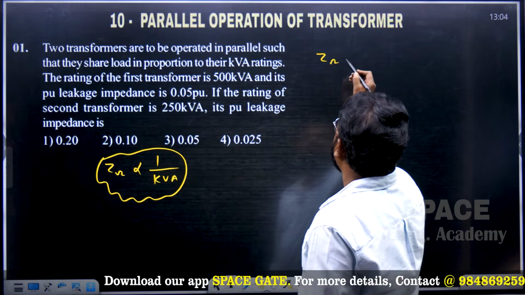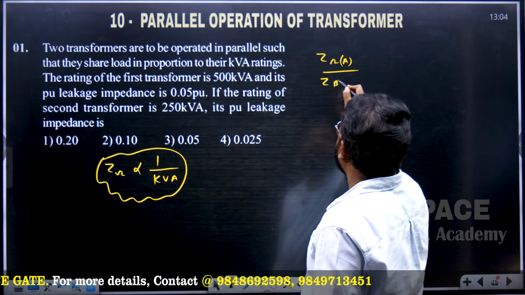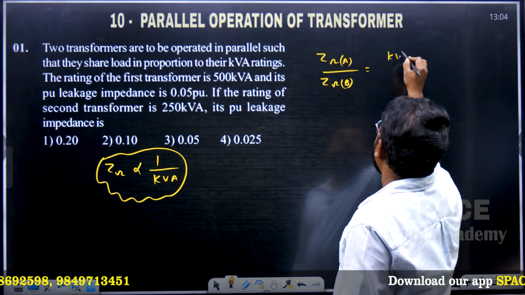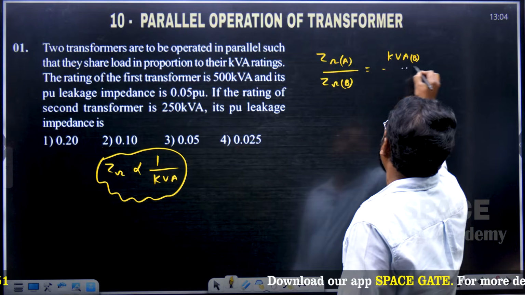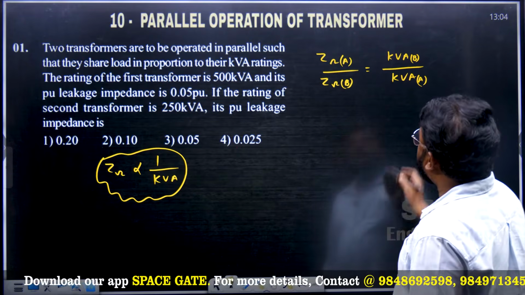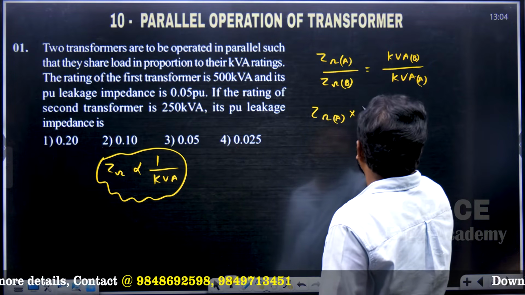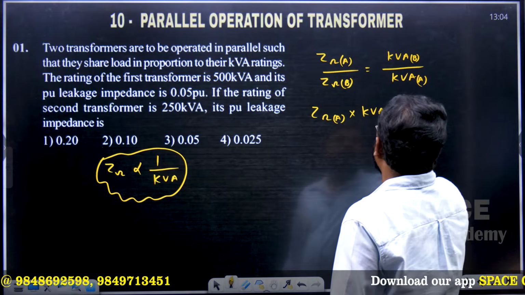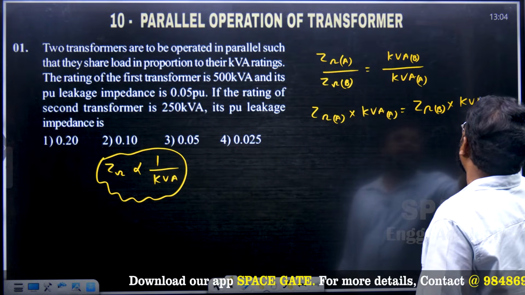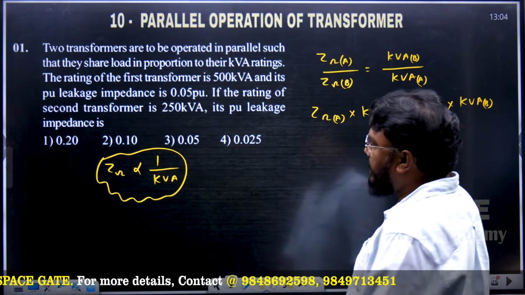The ohmic impedance of transformer A divided by the ohmic impedance of transformer B is equal to the kVA rating of transformer B divided by the kVA rating of transformer A. And by solving, the ohmic impedance of transformer A multiplied by the kVA rating of transformer A is equal to the ohmic impedance of transformer B into the kVA rating of transformer B, and on both sides the kVA ratings are not equal.